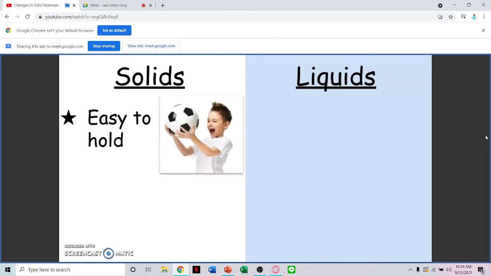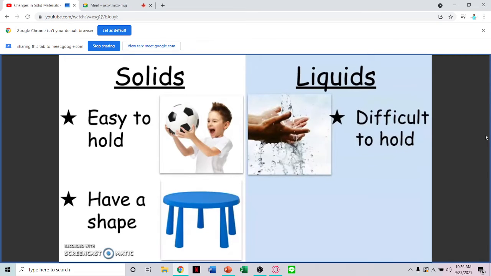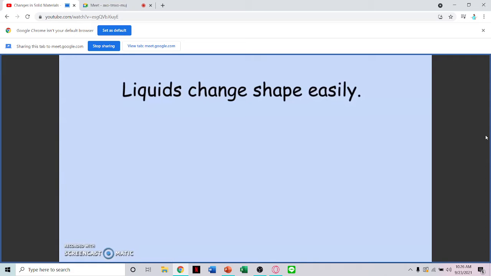Solids are easy to hold, like this ball, but liquids are difficult to hold. Solids have their own shape, but liquids don't. Liquids have the shape of their container, like this juice in this glass.